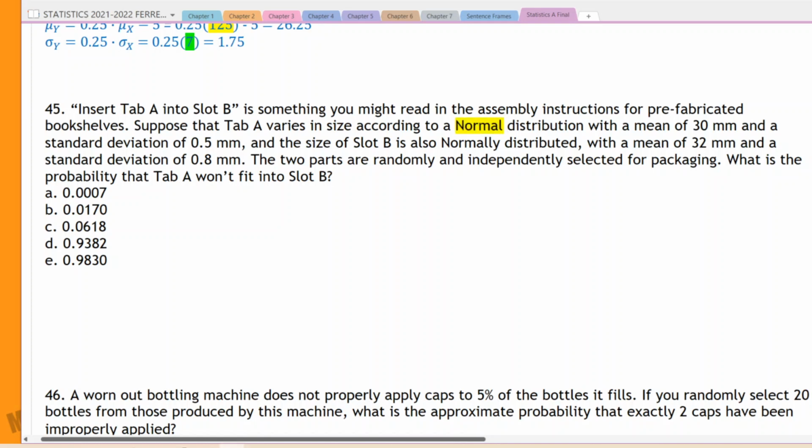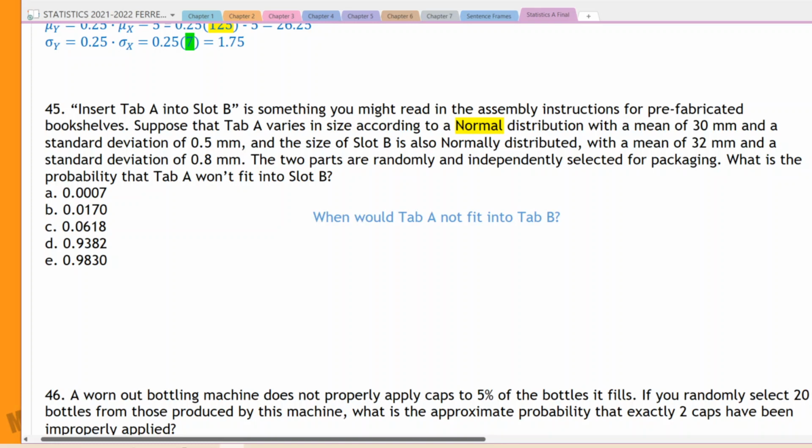With a mean of 30 and a standard deviation of 0.25, and the size of slot B is normally distributed with a mean of 32 millimeters and a standard deviation of 0.8. Now the two parts are randomly and independently selected for packaging, so what is the probability that tab A will not fit into slot B?